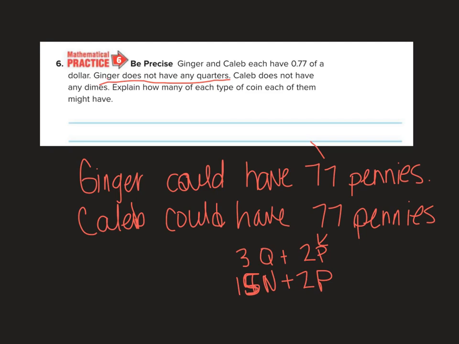Ginger could have 7 dimes plus a nickel plus a penny, because she just didn't have any quarters. She could have the same thing down here, 15 nickels and 2 pennies. So really there's lots of different combinations they could have. So we'll just go with this.